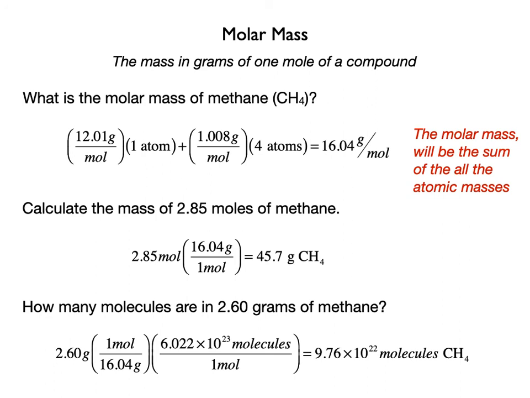If we stopped here, that would give us how many moles of methane we have. We want to go to molecules, so now we can multiply by Avogadro's number. For every mole we have 6.022 times 10 to the 23rd molecules, right? So that's going to give us a total of 9.76 times 10 to the 22nd molecules.